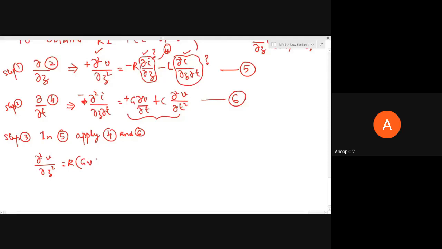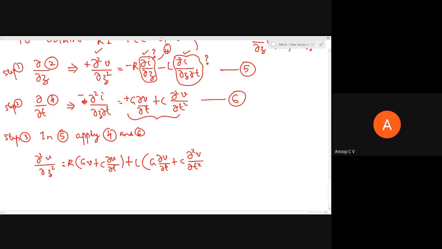So that is dou square V by dou Z dou T, as it is minus dou I by dou Z, I replace it with this. Then again plus L times, what is minus dou square I by dou Z dou T? It is G dou V by dou T plus C dou square V by dou T square.